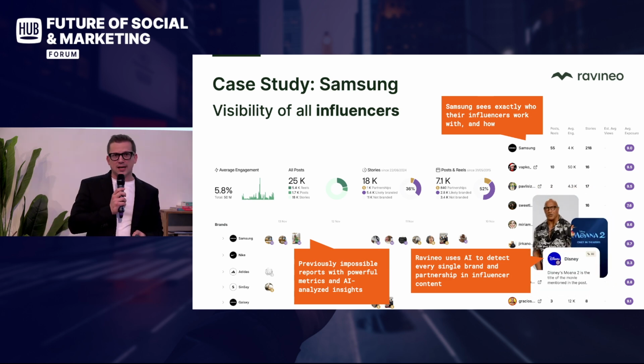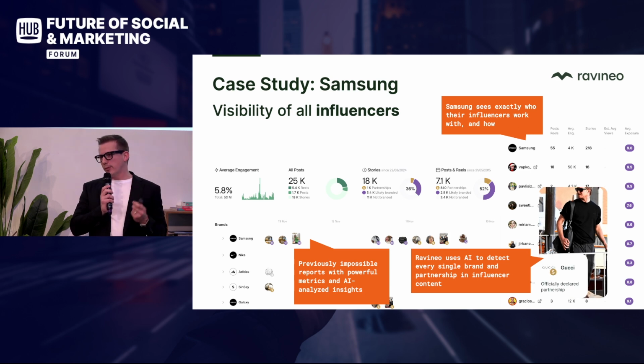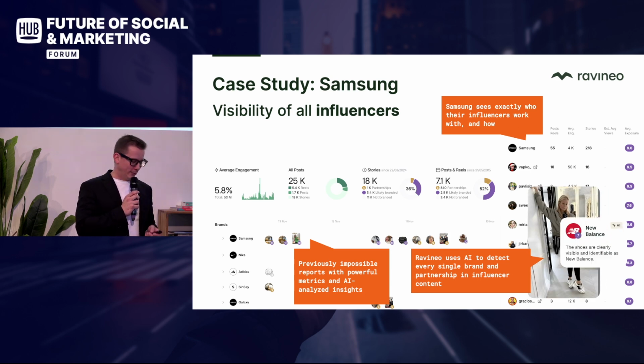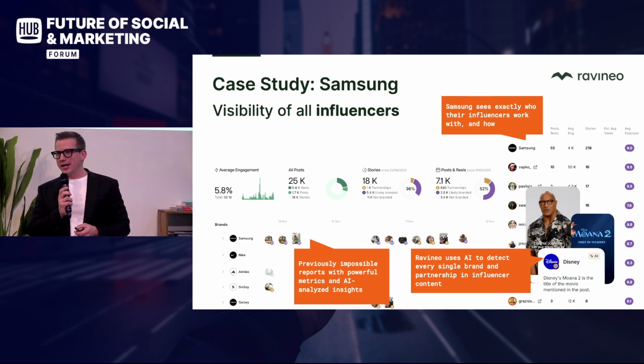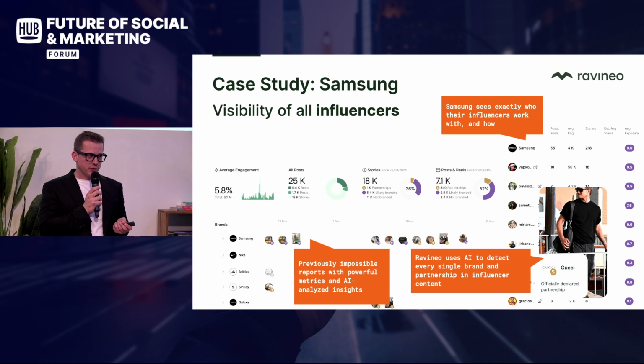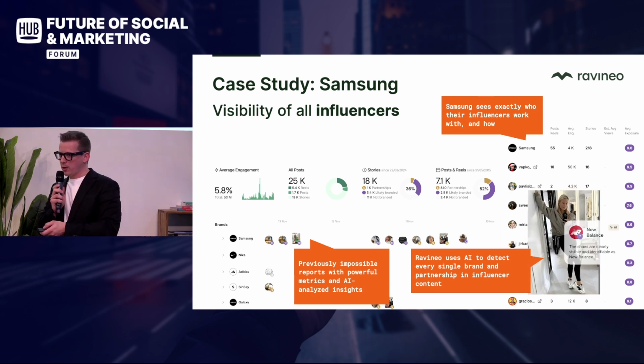I encourage you to look at that. But this is probably some of the coolest methods that AI can be used in analytics. And you have full visibility of these influencers, what they're doing, who else they are working with.